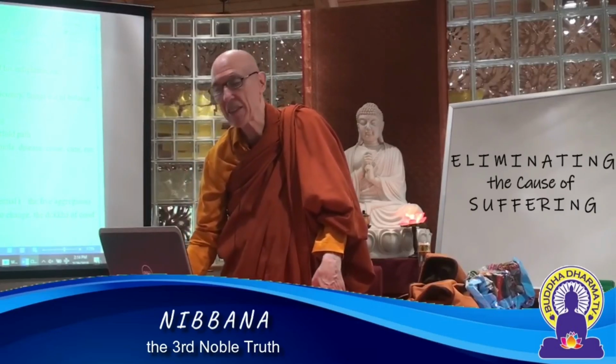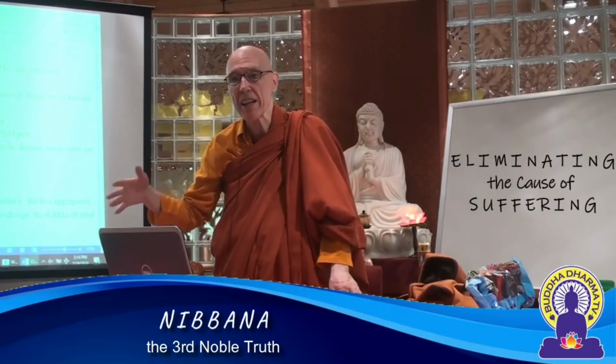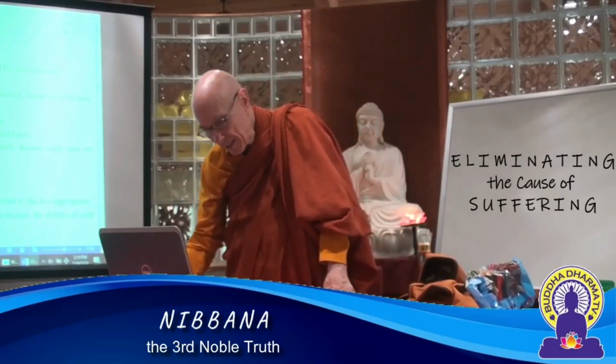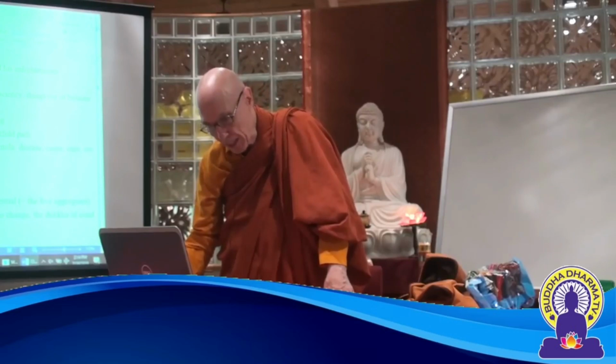That is, the elimination of craving, by reducing, overcoming, and eventually eradicating craving. The Buddha says that is possible. He says, that is what I have achieved. And then, if we're going to reach the cessation of suffering, we need a way to go about that.